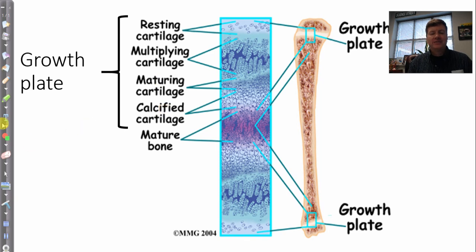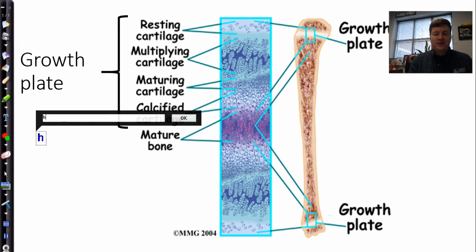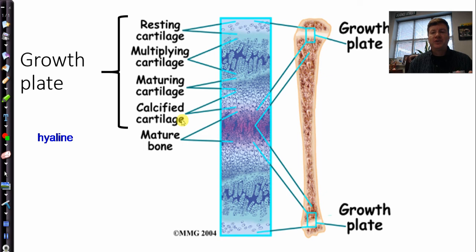And we should recognize again that all of these regions are going to be hyaline cartilage. So this is the cartilage that we associate with a growth plate. Of course, also we have hyaline cartilage as the articular cartilage, but we're not focusing on that for right now. So at the growth plate, we're going to have these different kinds of cartilages, and we'll see in subsequent slides what happens here.